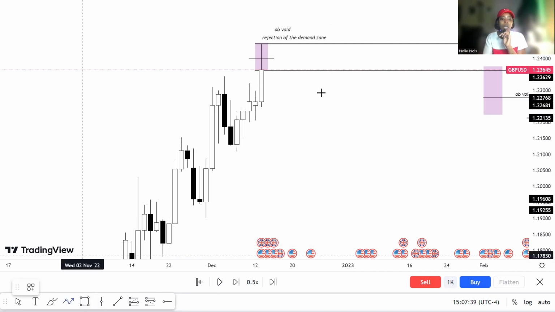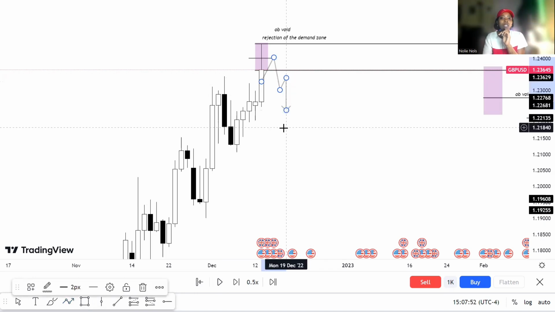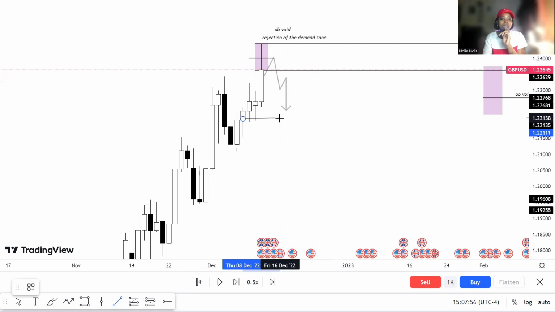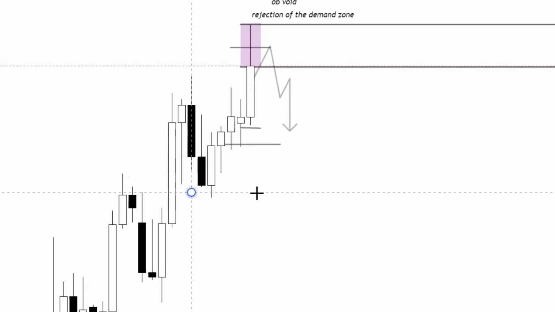What I'm trying to say is we want to see price pushing to the upside, which is then the Judas swing, and then we want to see price taking out all the orders that were sitting here, the orders that were sitting there, and the orders that are over here as well.